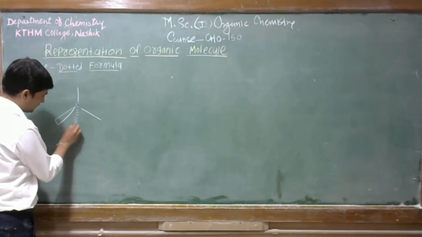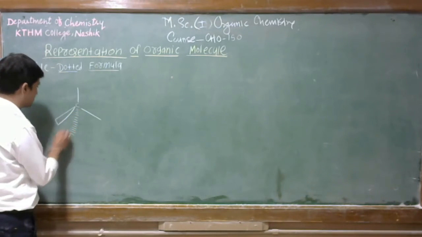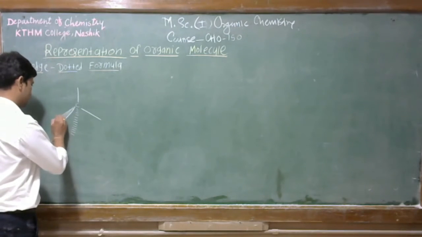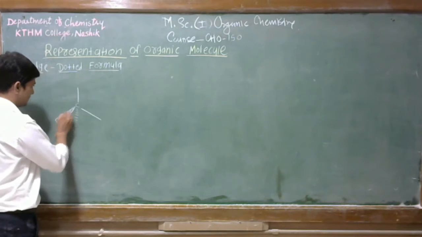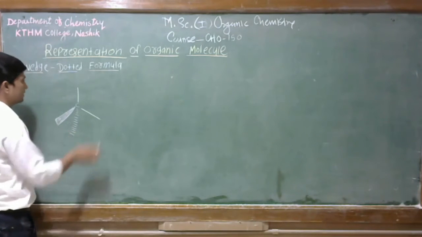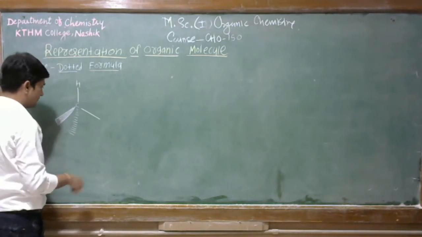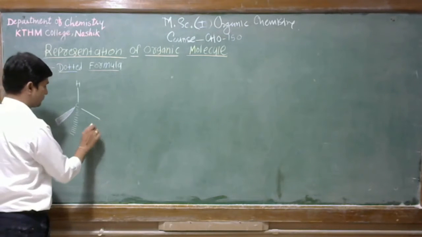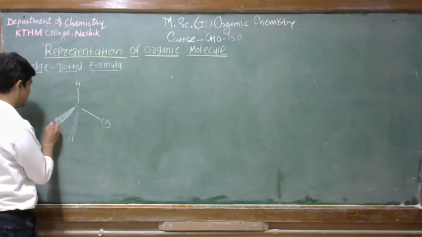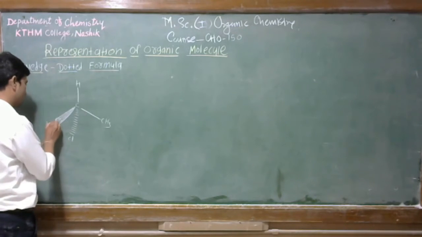See, these are the four types of bonds which we discussed in the last lecture. This is the hydrogen here, this is the methyl group here, this is chlorine here, and this is the hydrogen group here.